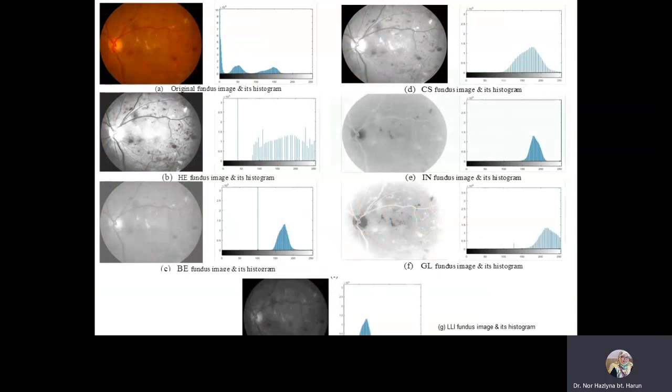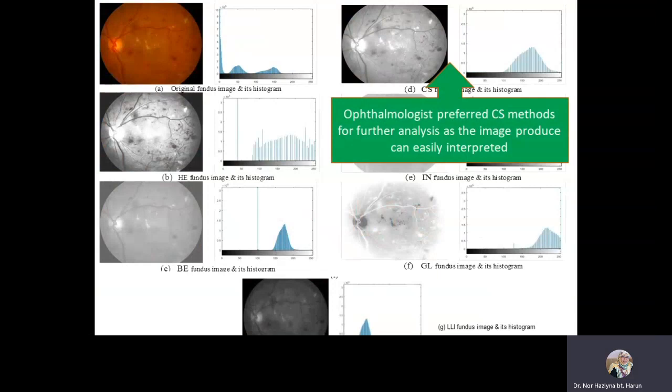From the resulted image, ophthalmologists preferred the CS method for further analysis as the image produced can be easily interpreted.